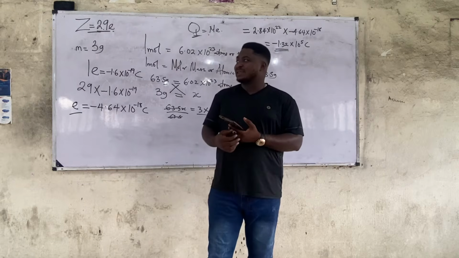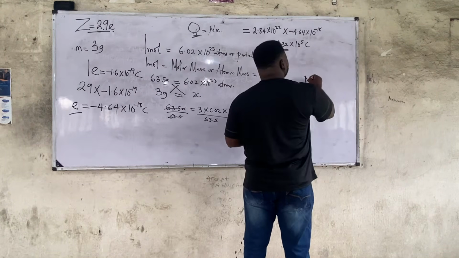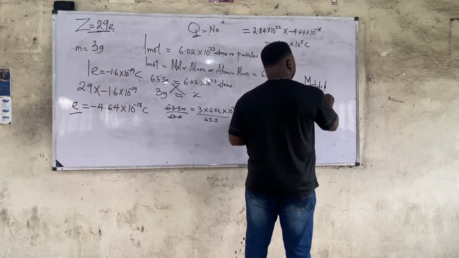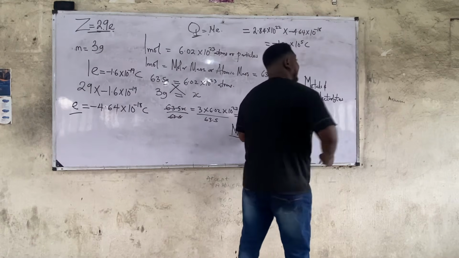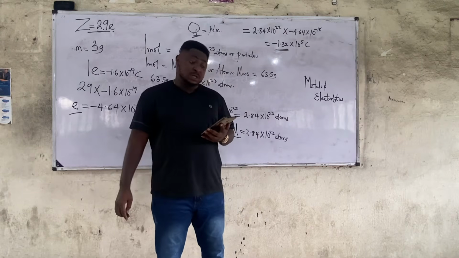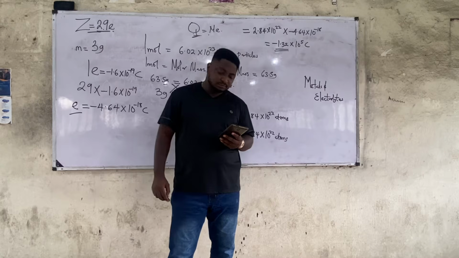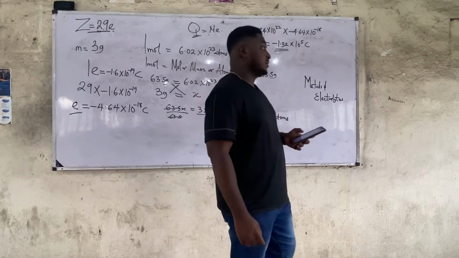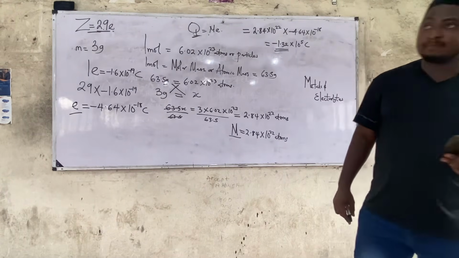Examples of conductors are metals and electrolytes. Now insulators. These are substances which do not conduct electricity.